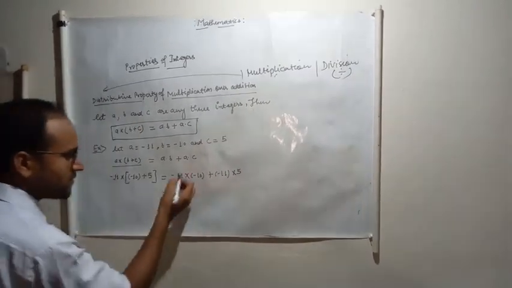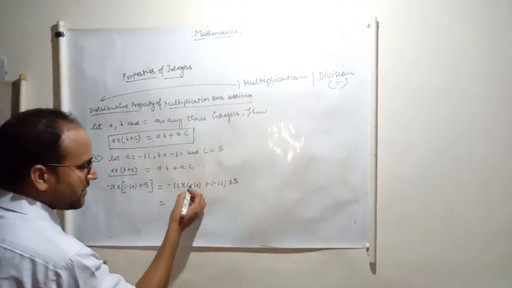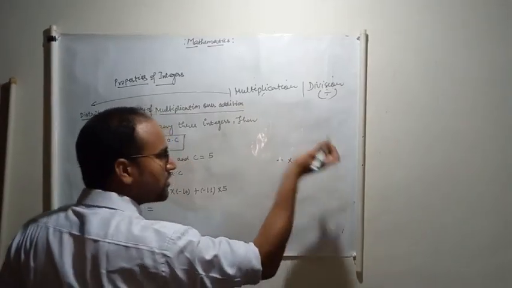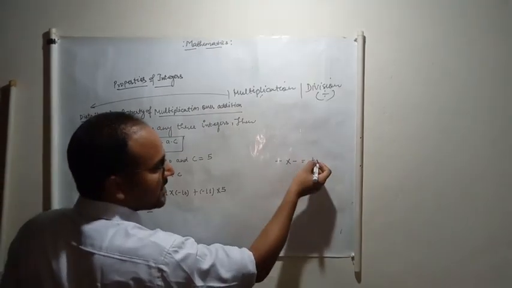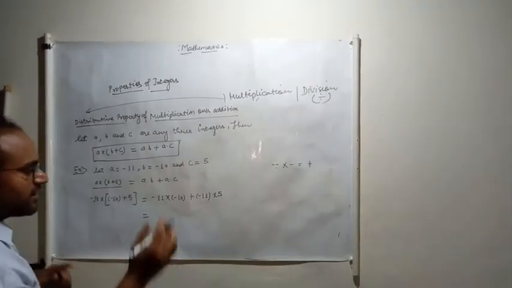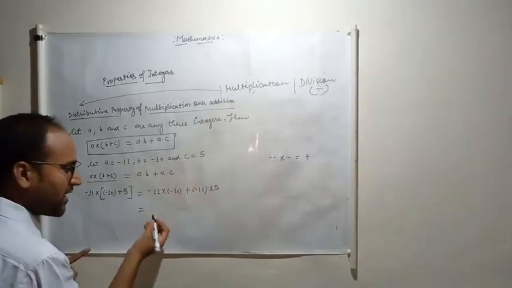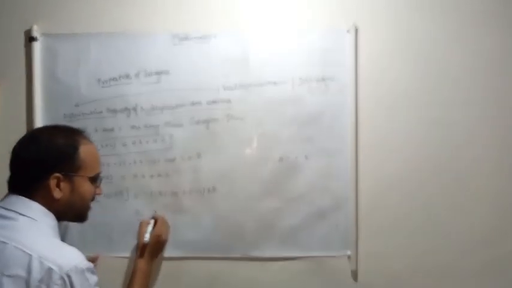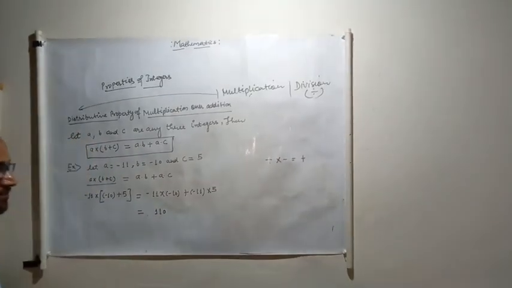And if we solve this one, what do we get? Minus 11, and you know that minus multiplied by minus, what do you get? I have told you in the previous lecture, minus multiplied by minus, you always get plus. So minus 11 multiplied by minus 10, we get plus 110.